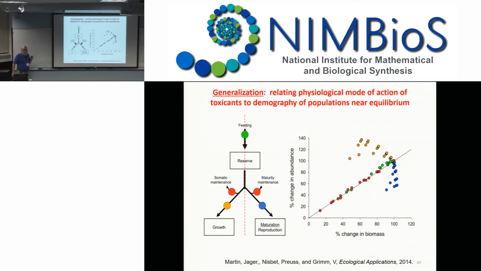But he then used it to get an insight that perhaps helps us understand why some of this DEB stuff is important. Because after trying to match experiments, he then went back and said, what are all the different physiological modes of action that could occur according to our DEB ideas? And just like I showed before, it could be here, here, here, here, or here. There's a bunch of different places.